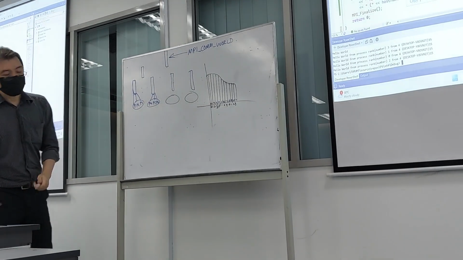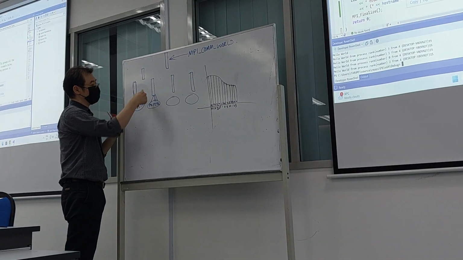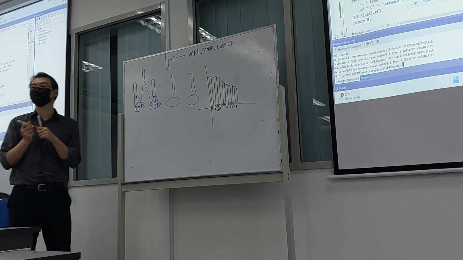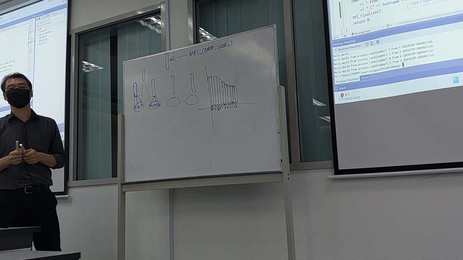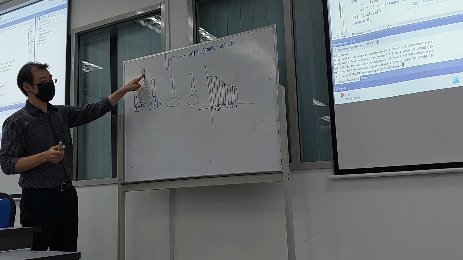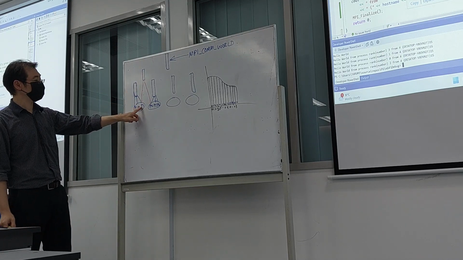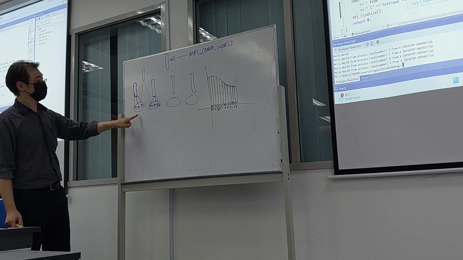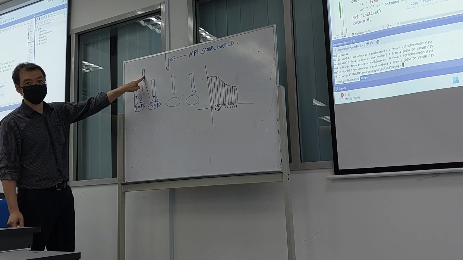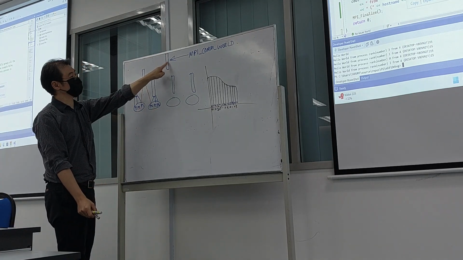And P4 and P3 also want to communicate with one another, so they can listen to another channel. We can do something like this. P4 and P3 can use this channel, and they can communicate with one another. It doesn't mean that P3 is stuck to this channel, no. You can listen to this, you can send to this. You can listen to this, it can also send to this. And all of them also listen to this and send to this.